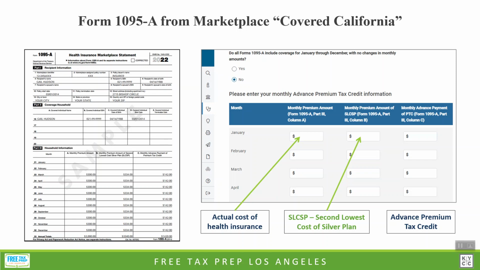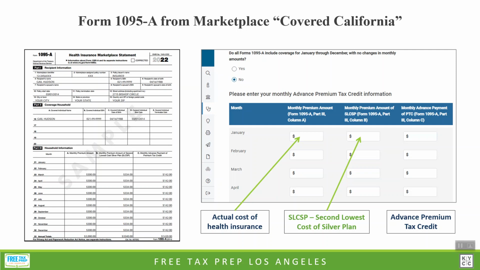In the first column, under monthly premium amount, this is the actual cost of the health insurance. The second column is the monthly premium amount of the SLCSP, or second lowest cost silver plan. And the third amount is the monthly advance payment of the premium tax credit.